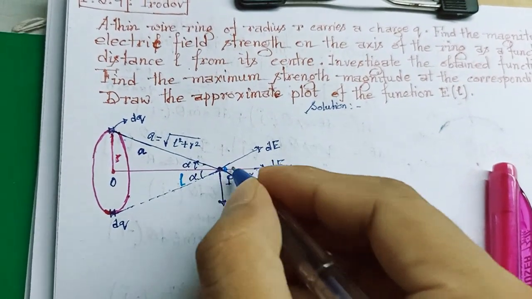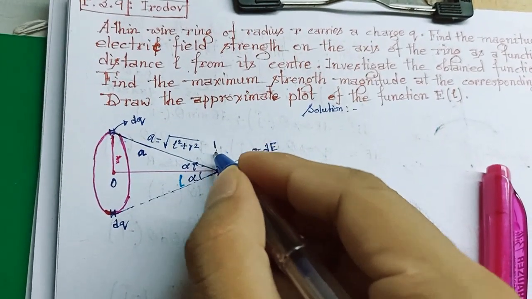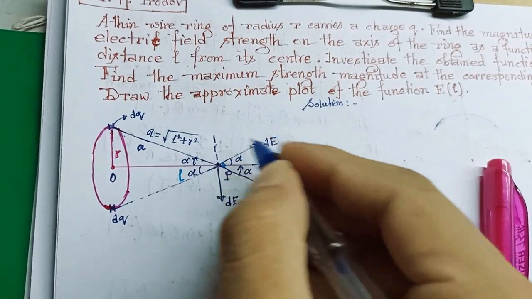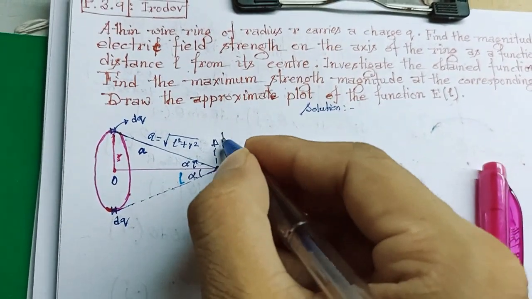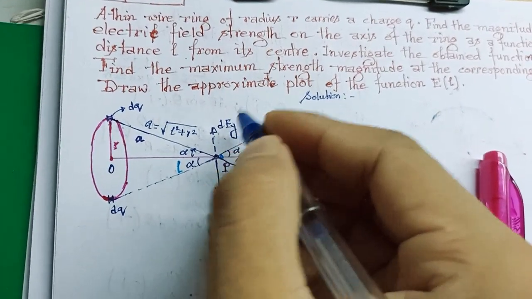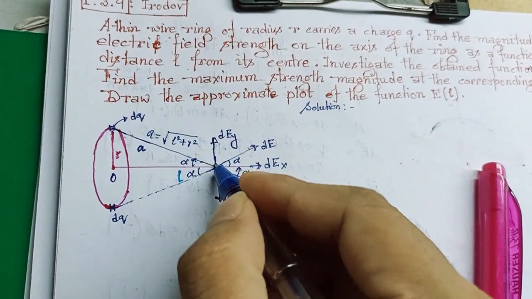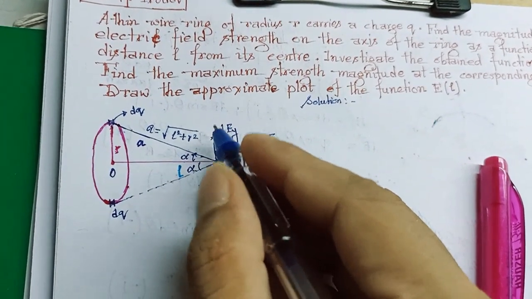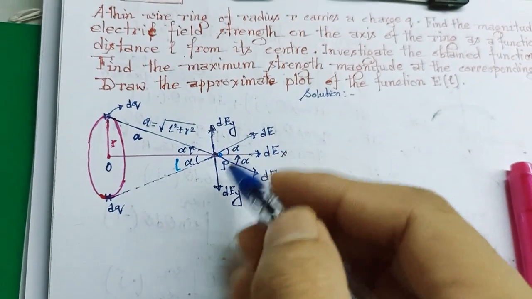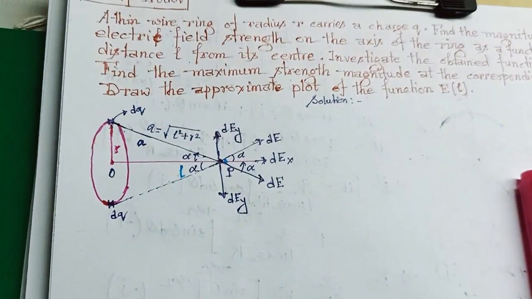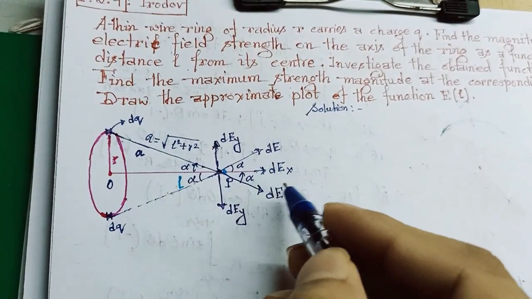Again if we divide this dE into two components, they are dEx and dEy. As we see from the symmetry, these two dEy are of the same magnitude and oppositely directed, so they will cancel each other. Ultimately we have to find the electric field due to the component dEx.